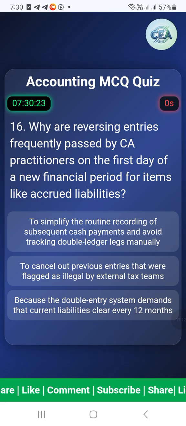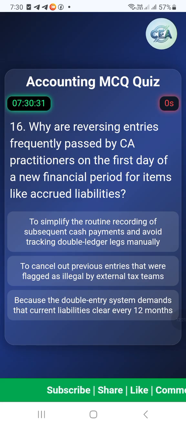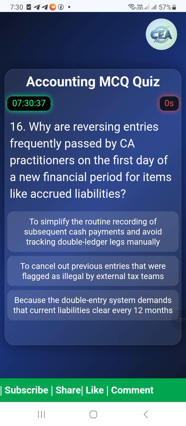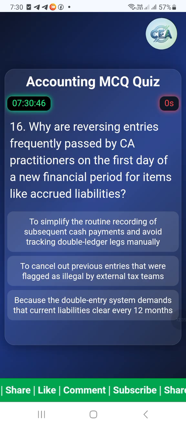16. Why are reversing entries frequently passed by CA practitioners on the first day of a new financial period for items like accrued liabilities? Option 1. To simplify the routine recording of subsequent cash payments and avoid tracking double ledger legs manually. Option 2. To cancel out previous entries that were flagged as illegal by external tax teams.